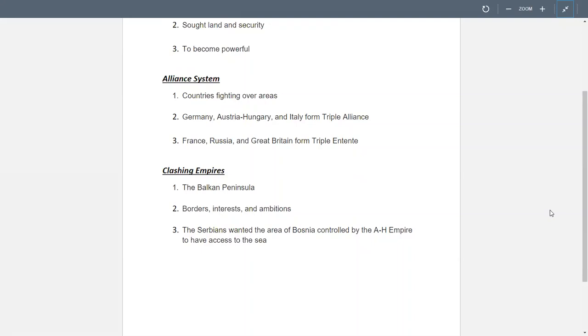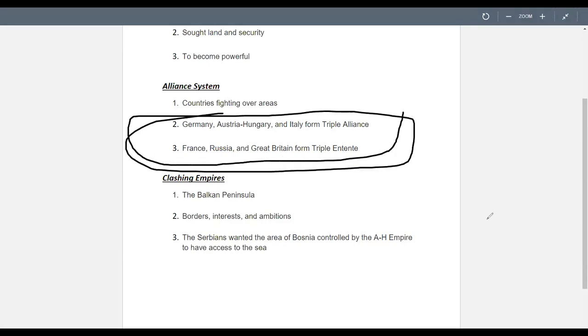There are a number of border disputes. There are a number of interests based on the number of ethnicities that you have in that area, and then ambitions of these empires, right, that want to control more land, and more specifically, they want to have a warm water port, right, because naval power is now becoming more and more important as the world has gotten wider.